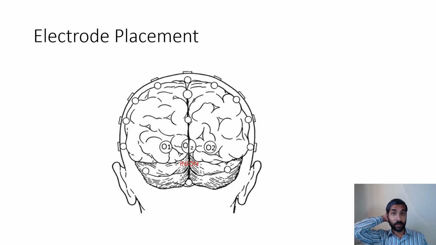Why would you do that? Because the part of the brain that is responsible for vision, the occipital lobe, is at the back of the head. So you put your electrodes in these places, and you record from those electrodes.